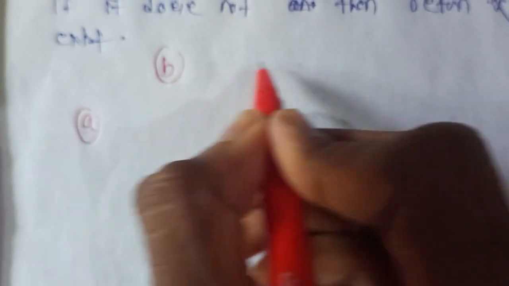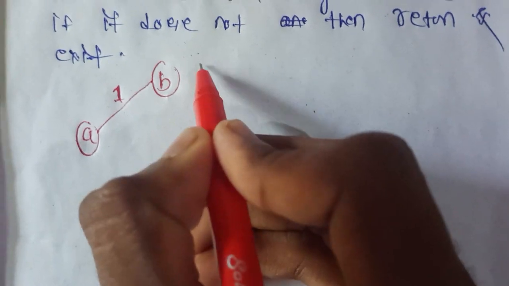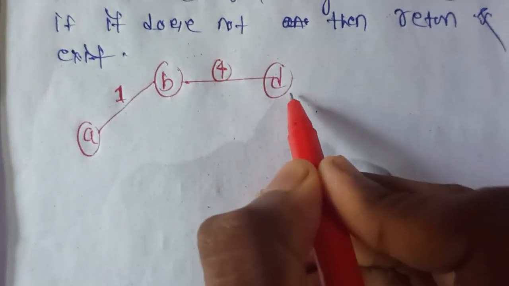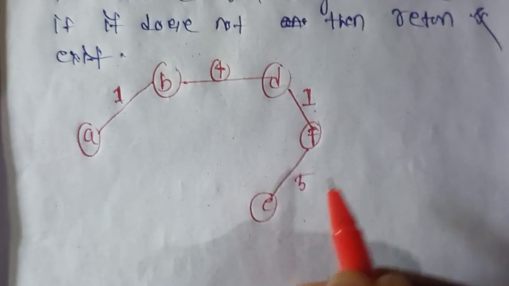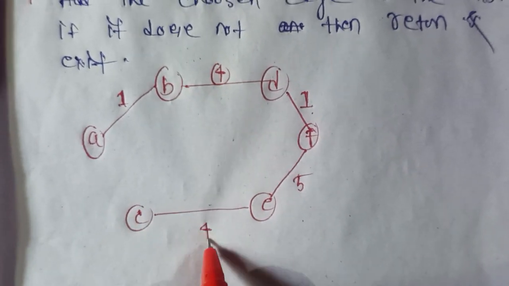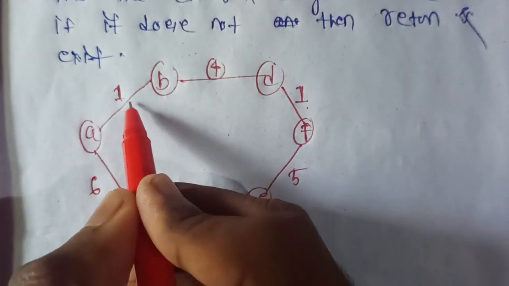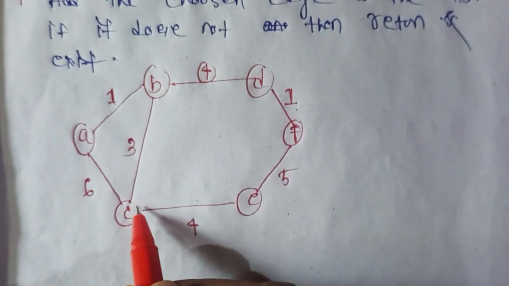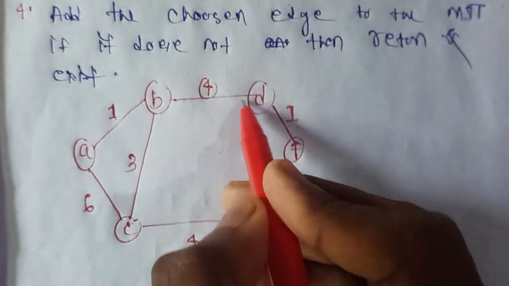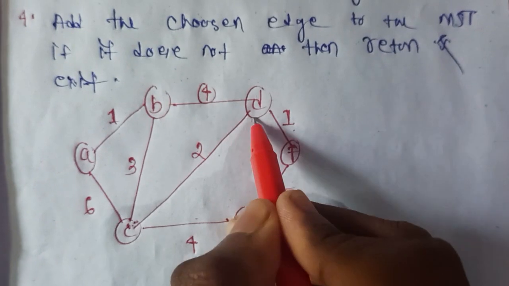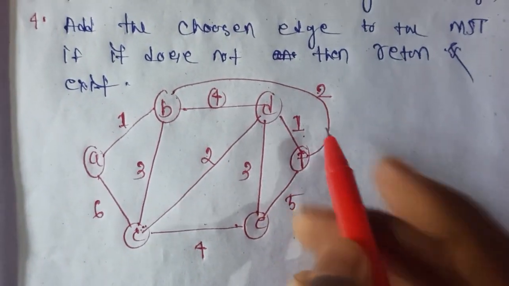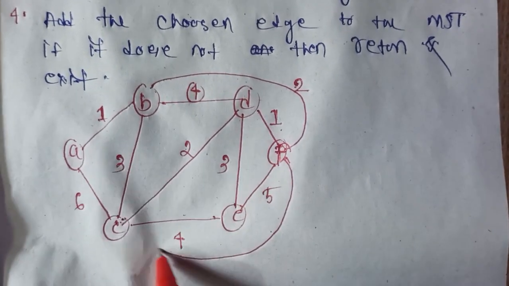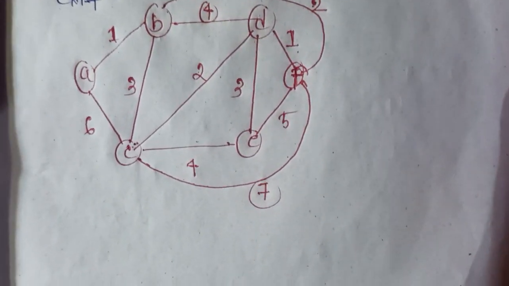Here the graph: a to b, the weight is 1; b to d, the weight is 4; d to f, the weight is 1; f to e, the weight is 5; e to c, the weight is 4; a to c, the weight is 6; b to c, the weight is 3; c to d, the weight is 2; d to e, the weight is 3; b to f, the weight is 2; and f to c, the weight is 7. So this is our undirected weighted graph.